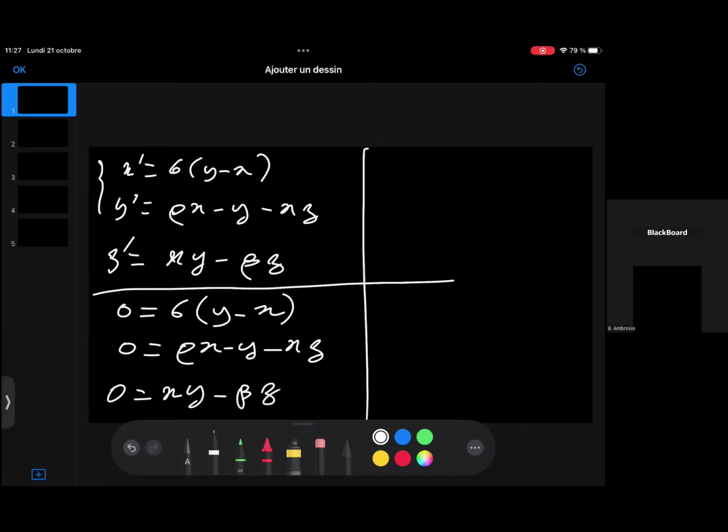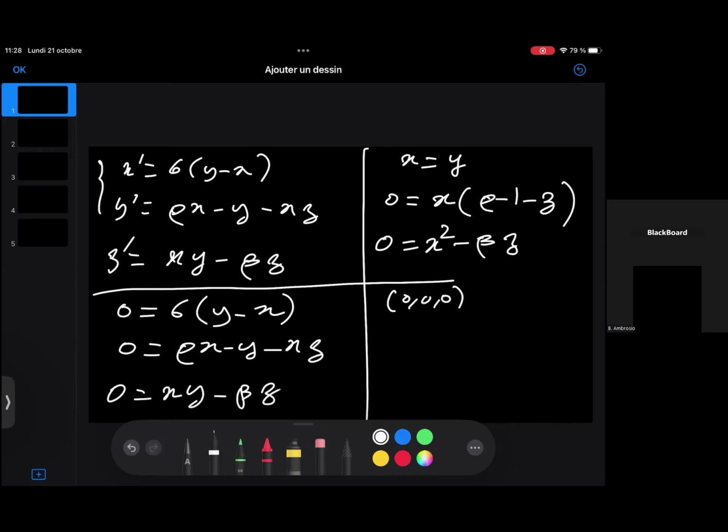So this gives x equals y, 0 equals x times (rho minus 1 minus z), and 0 equals x squared minus beta z. So we can see that (0, 0, 0) is a stationary solution.